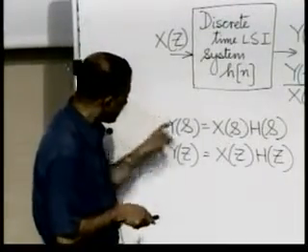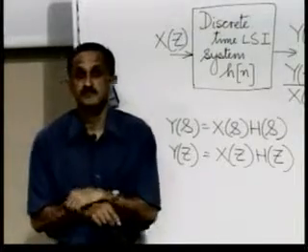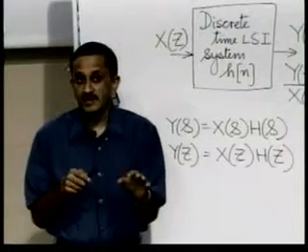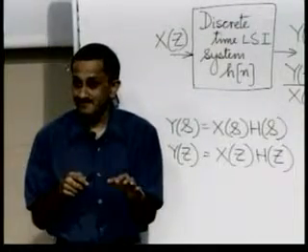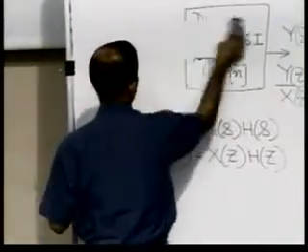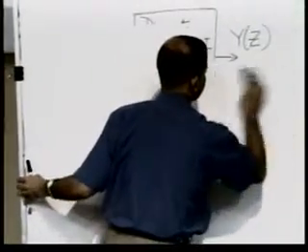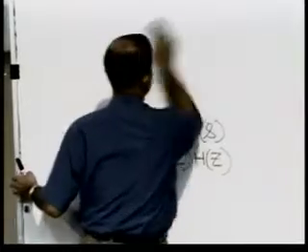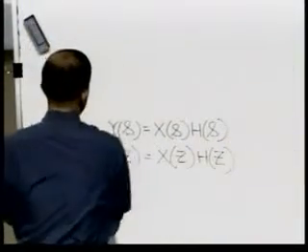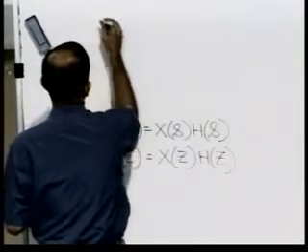If we look at the Laplace transform, and if the region of convergence of the Laplace transform happens to include the imaginary axis, let's write down this idea here. So, let's consider Y(s).